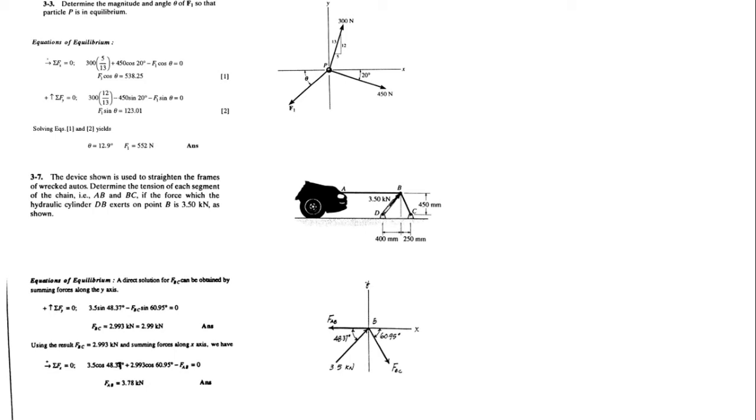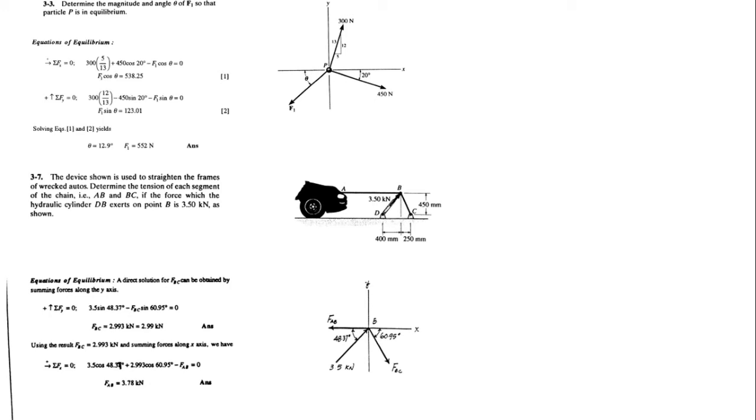Plus 450 cos of 20, again the sign is positive. What about the third one, the unknown? Minus F1 cos of theta, because if you resolve it, the x component will lie along the negative x-axis. To simplify this equation, you will get F1 cos theta is equal to 538.25. This is your equation number 1.